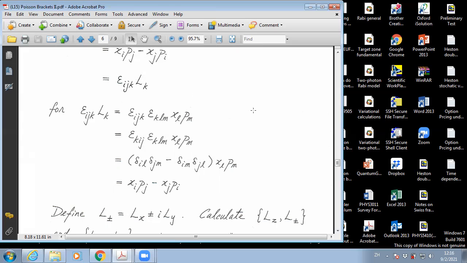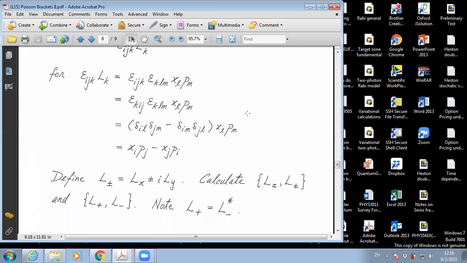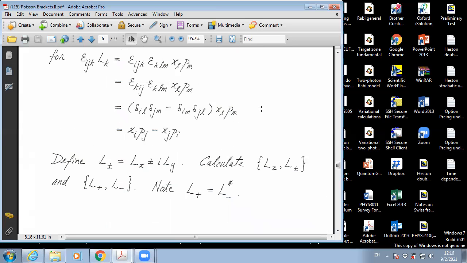All right, cyclic permutations. Now, we can also define some interesting functions like L plus and L minus in terms of Lx and Ly. L plus and L minus are complex functions, all right, since we have a purely imaginary unit here.